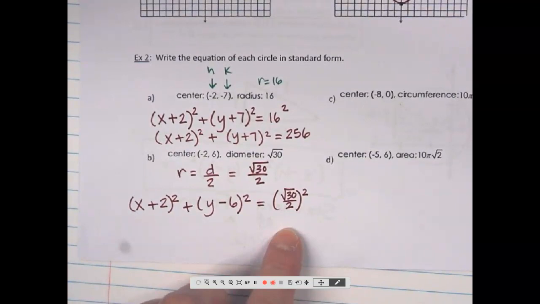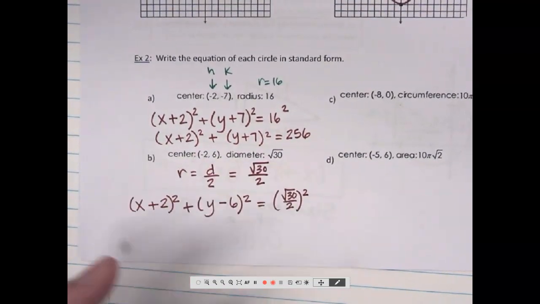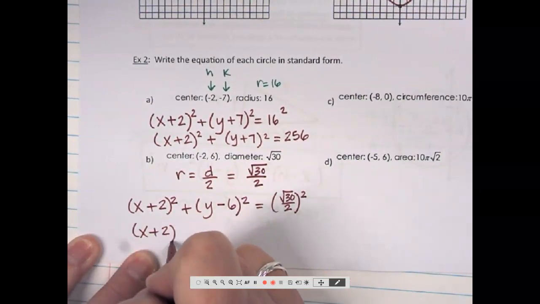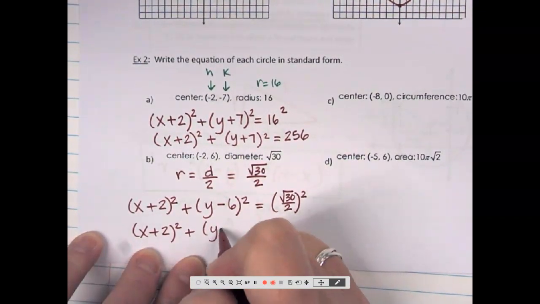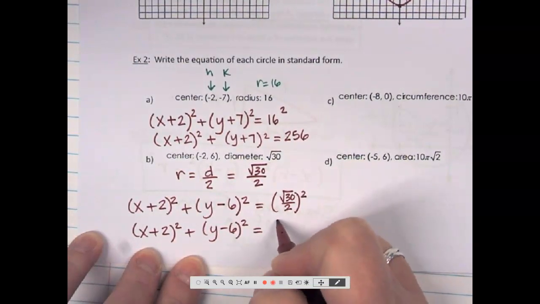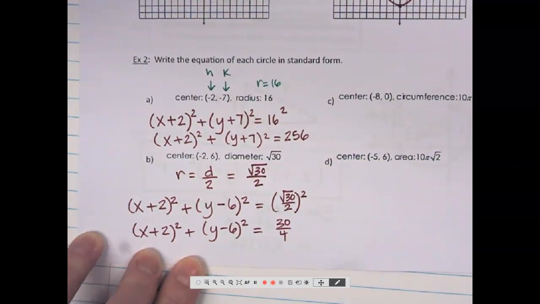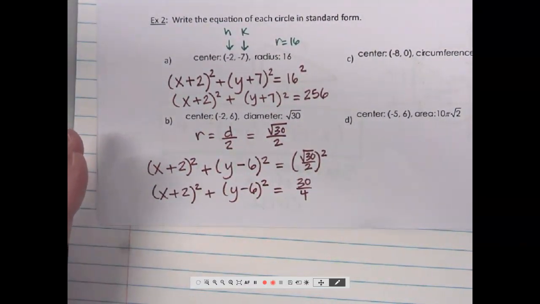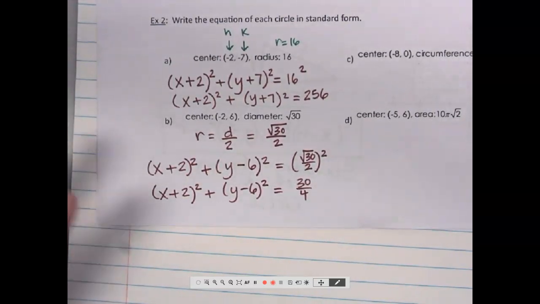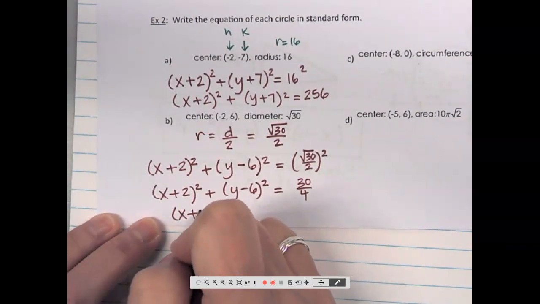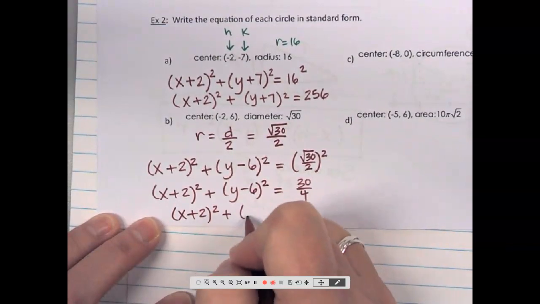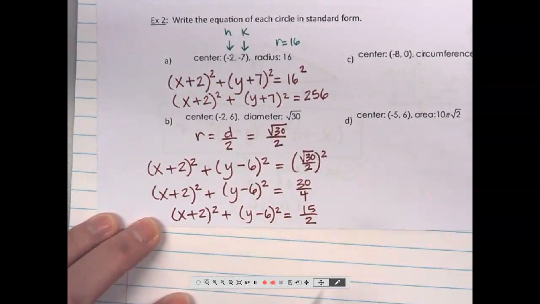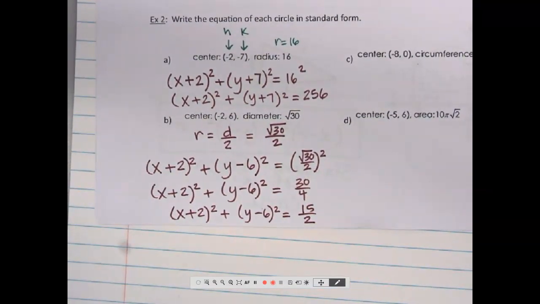And then what is 2 squared? 4. So that's just going to be 30 over 4, and then we'll reduce that. Or you can go ahead and reduce it now if you want to. I'm going to put this middle step in here of 30 over 4. Okay, 30 over 4 is what? 15 over 2, or you can leave it 7.5, whatever floats your boat. Okay, question on that.